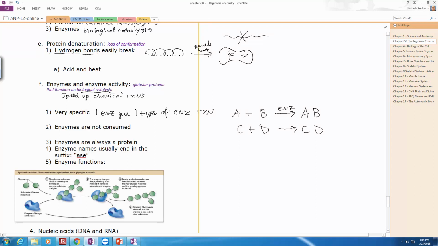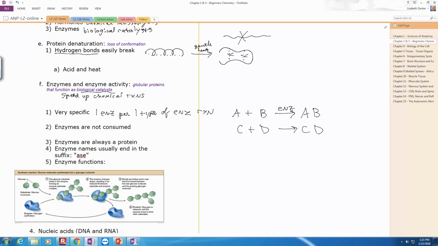Basically, there is a site on the protein, this enzyme protein, that recognizes something that fits in it. So it's a shape thing. Sometimes bonding occurs when they're doing it, but again, the enzyme is not a reactant or a product. So if that shape isn't right, A, B, C, and D look different from each other, and this enzyme only fits what A and B look like.